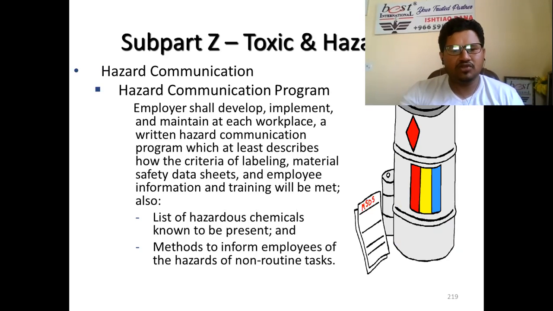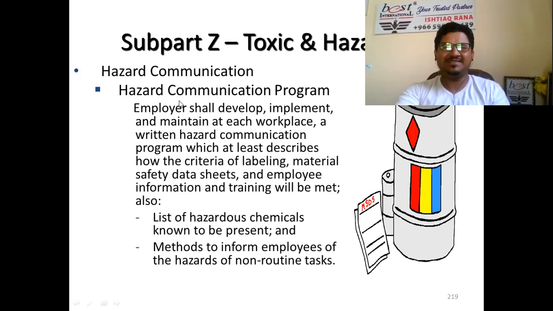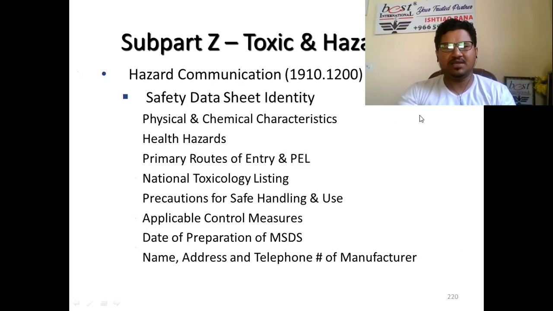Yes, color coding can also be used, and you can go back and see how many chemicals you have at your site, how they are labeled, how the area is defined, how you are handling them, what kind of procedures are there, and where you have kept this MSDS, either near the chemicals or in your office. You need to see. And make sure you have a list of hazardous chemicals as well.